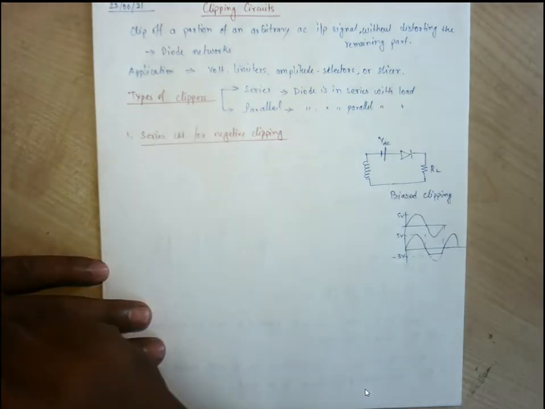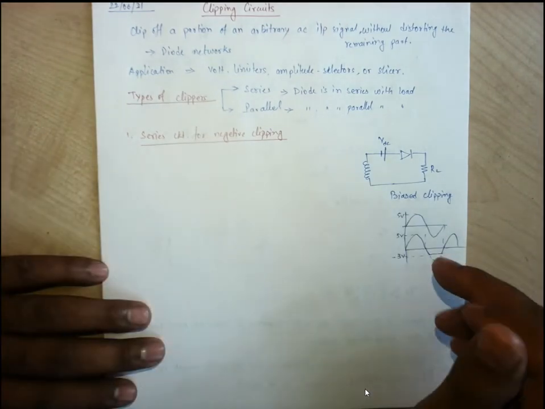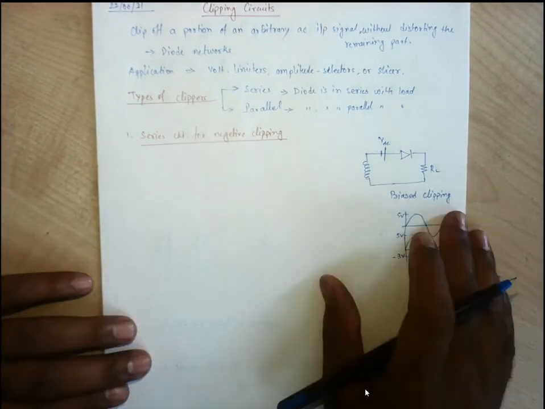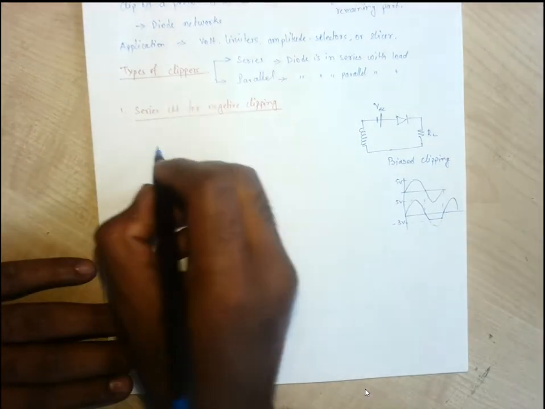So first of all is the series circuit for the negative clipping. We need to clip this negative half. So I am just drawing the circuit.